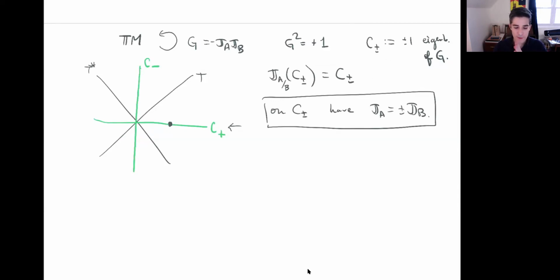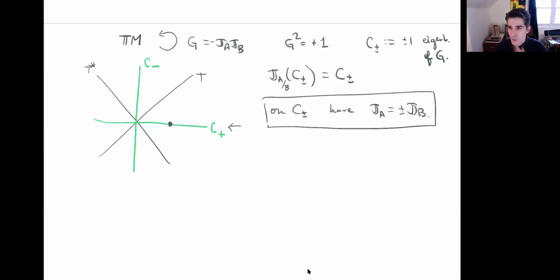And so there are two complex structures on this vector space, but there's a decomposition of the vector space into eigenspaces for both. And so the only data is a complex structure on C plus and a complex structure on C minus.